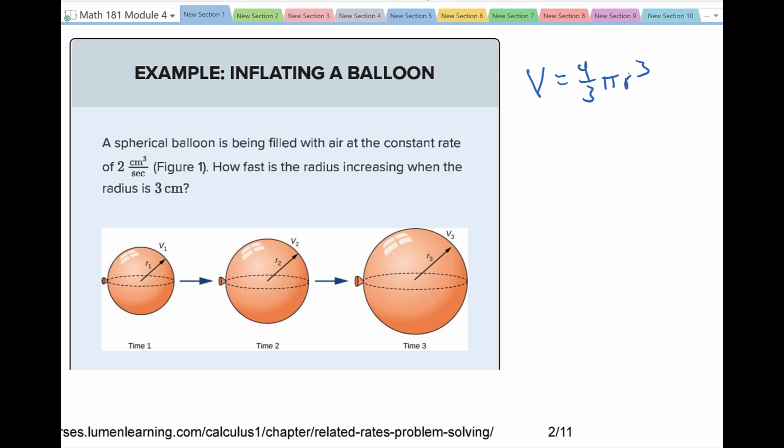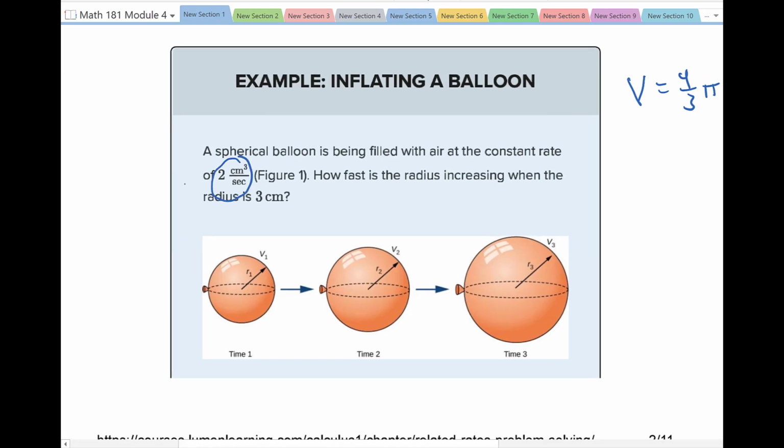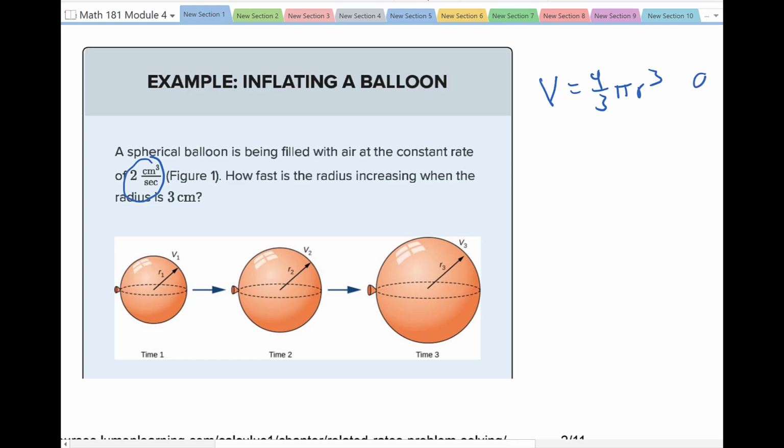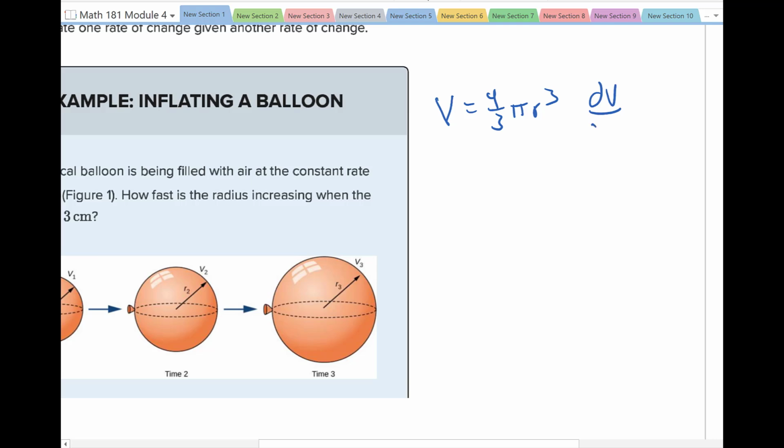And I know for me it's always tempting to solve for radius, but we're going to leave it like this and just realize that 2 cubic centimeters per second is our dV/dt. So dV/dt equals 2 cubic centimeters per second.